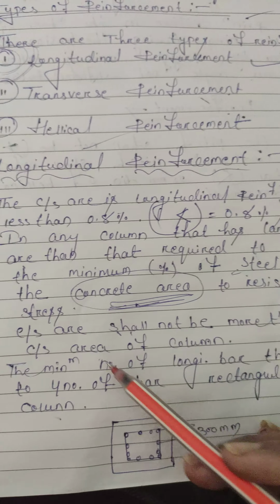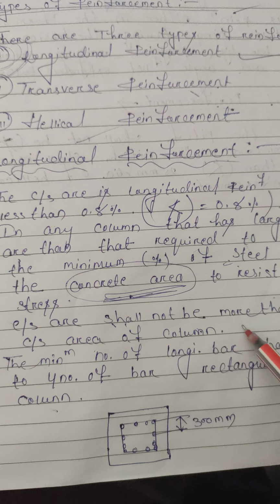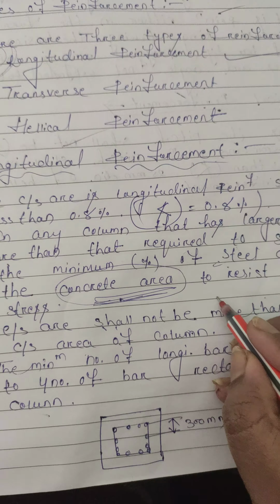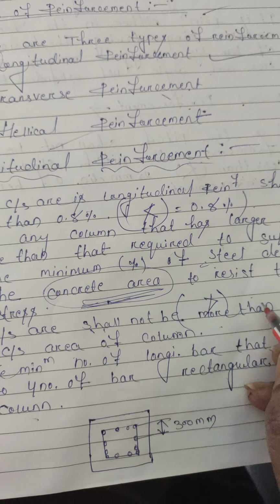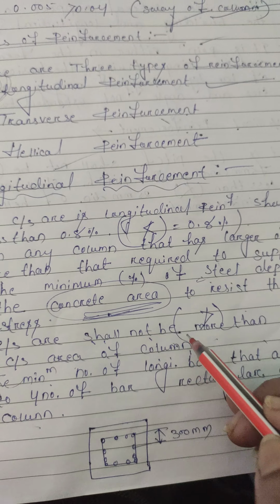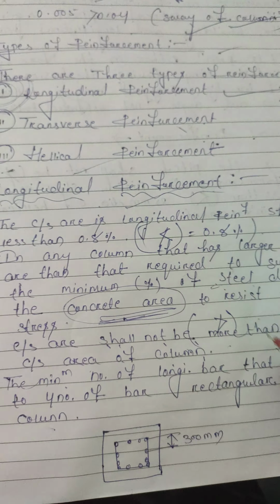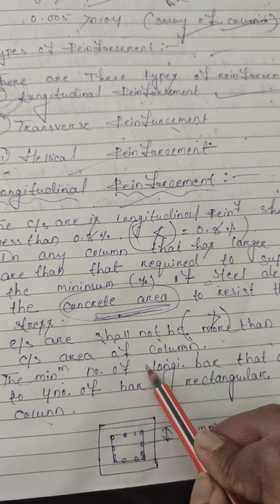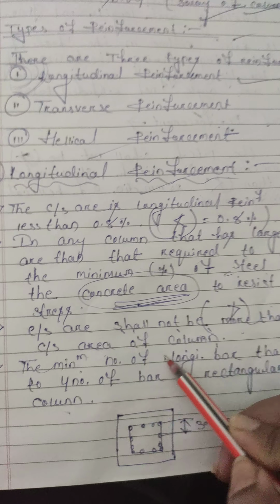The next rule: the cross-sectional area of longitudinal reinforcement shall not be more than 6% of the cross-sectional area of the column.